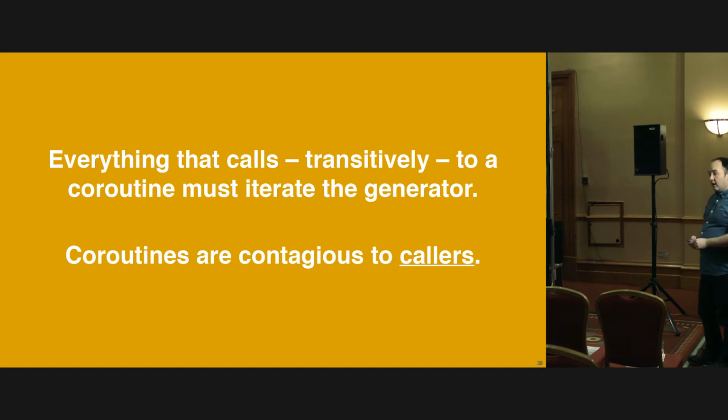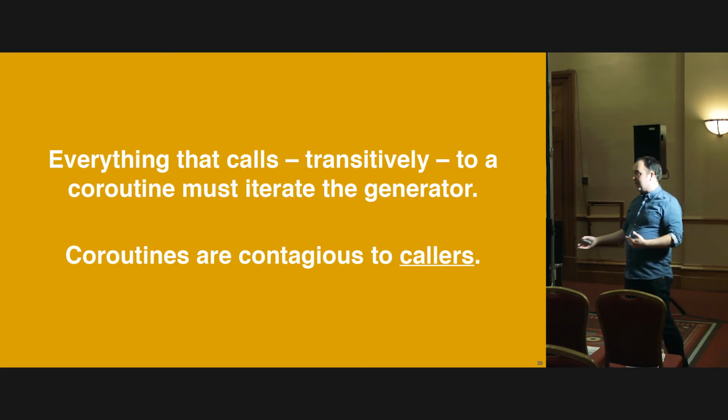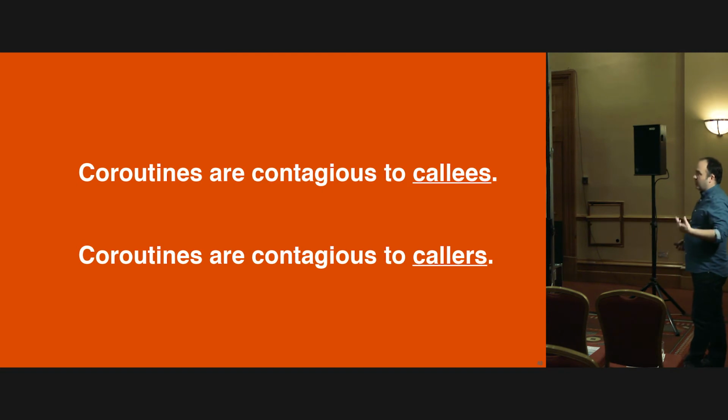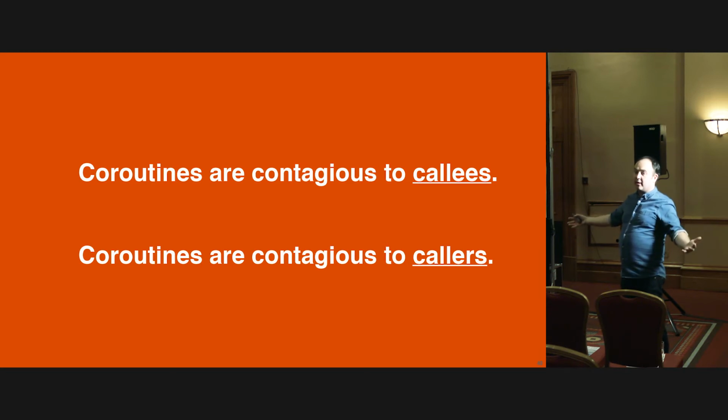So here's another guideline, rule. Everything that calls transitively to a coroutine must iterate the generator or the coroutine. So not only are coroutines contagious to callees, they are contagious to callers. Okay? So this viral property means that very soon, almost your entire system is going to be written in this style of programming.